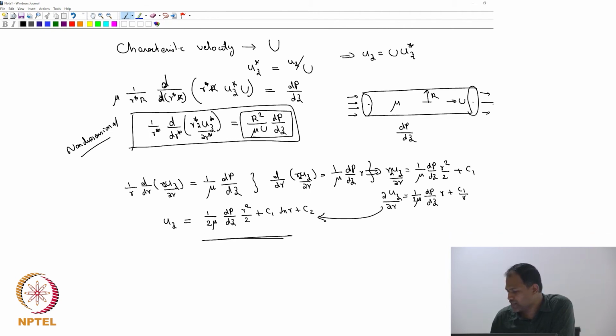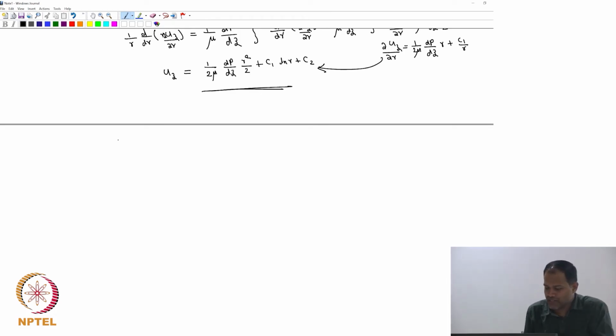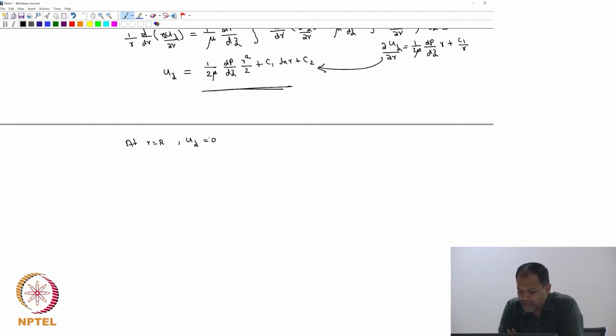So what is that boundary condition called? No, I'm asking what is the word for that boundary condition? So we say at R is equal to capital R, UZ is equal to 0. And I think that's sufficient because we can already throw away one another term from this.